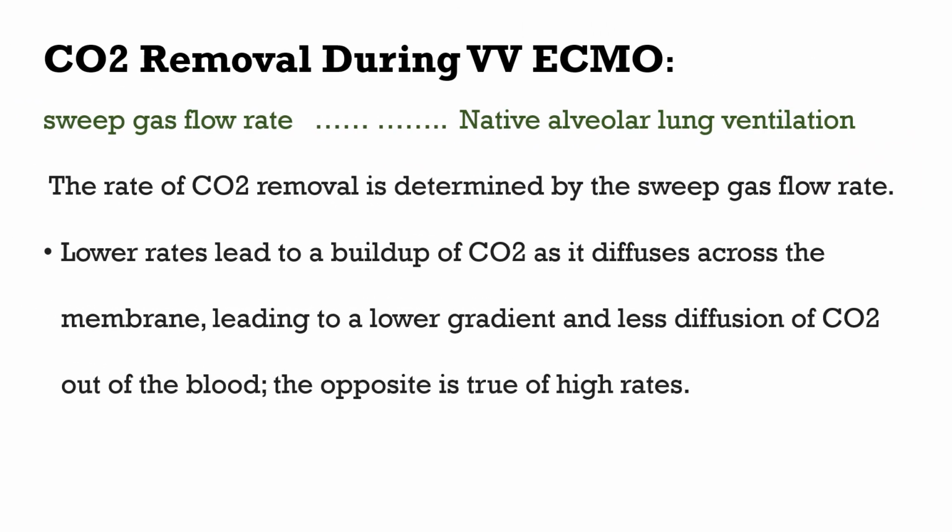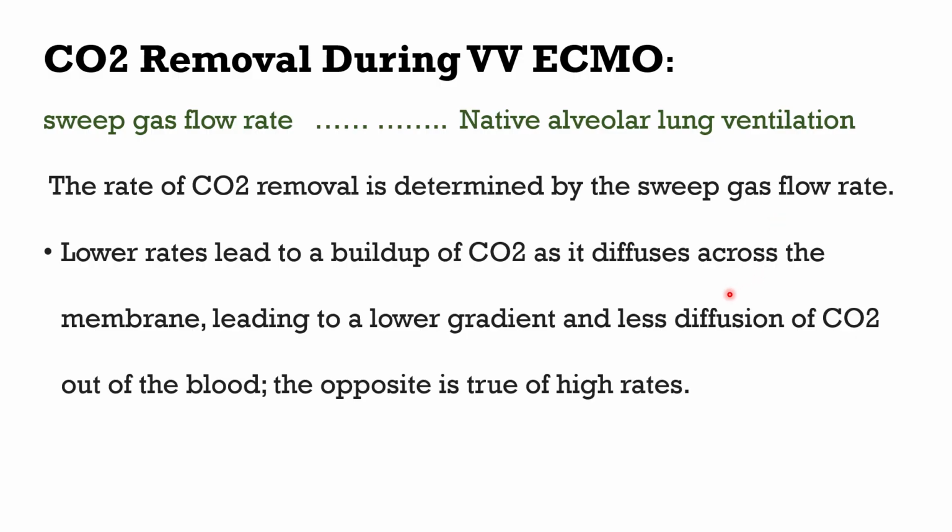The second function of VV ECMO is CO2 removal, and this function depends on the sweep gas flow rate, which is equivalent to native alveolar lung ventilation, and the rate of CO2 removal is determined by the sweep gas flow rate.